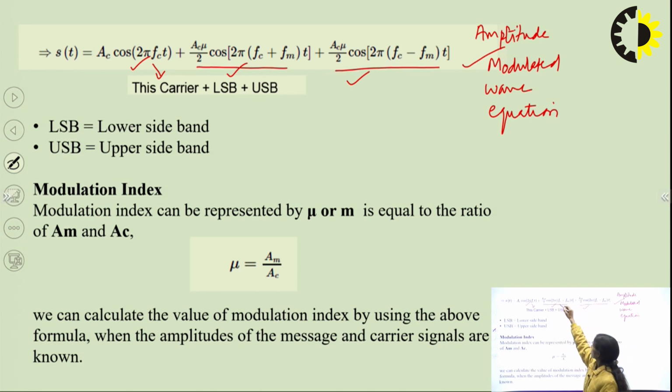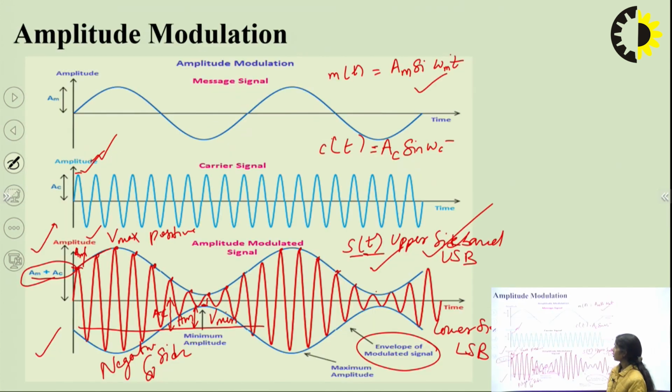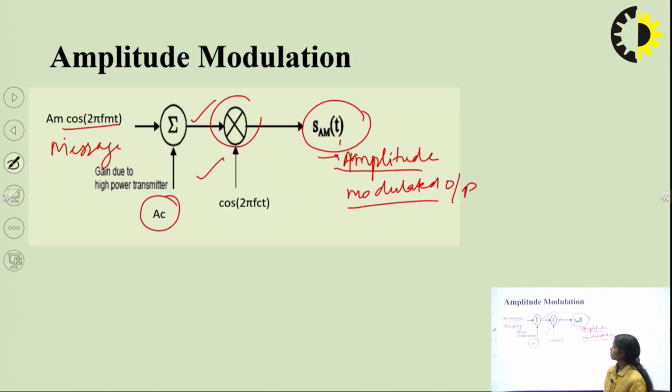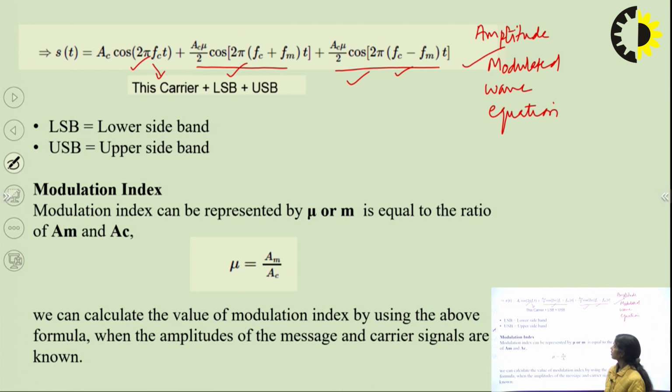That means we have fc plus fm in one part, and in the other part we have fc minus fm. So basically we have 2 components which we had already observed in the previous graph: one is the upper part and the other is the lower part. This upper and lower part is well seen in the frequency spectrum.